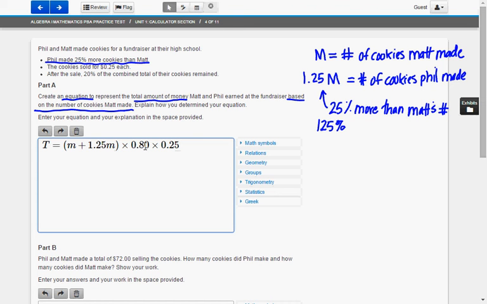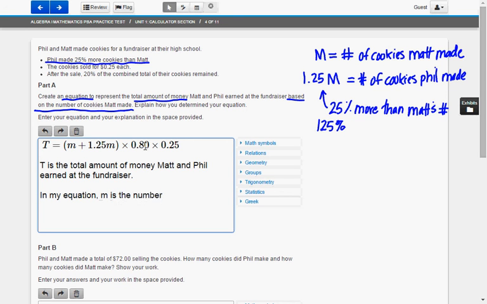What this equation says: T is the total amount of money Matt and Phil earned at the fundraiser in my equation, comma, M is the number of cookies Matt made, and 1.25 M represents the number of cookies Phil made.